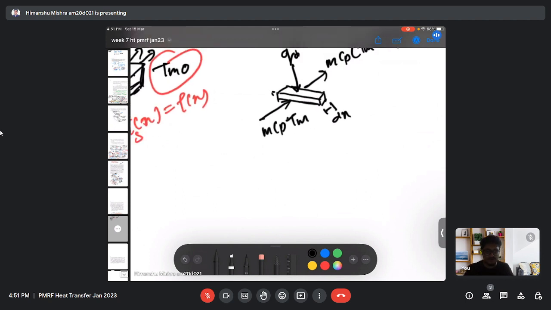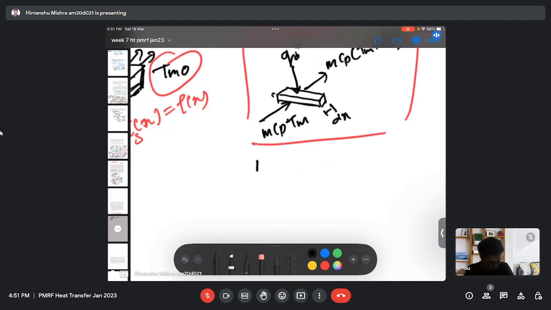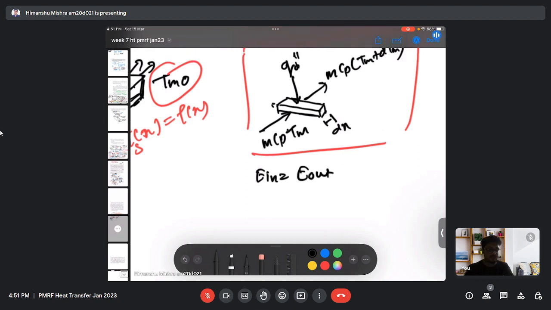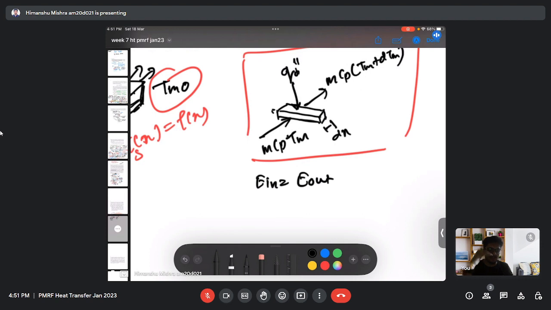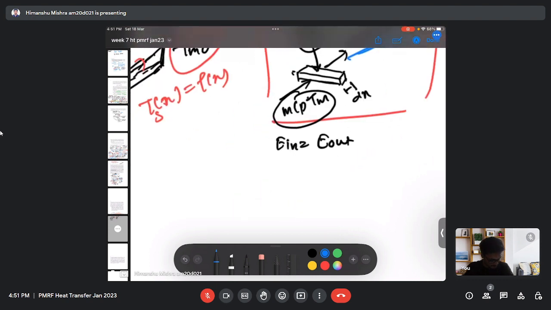So the simpler energy balance which is valid for the above diagram is energy in equals energy out. There are two ways where the energy is incoming, one due to the heat transfer m cp Tm, and one due to the heat flux. And there is only one way from which there is an outgoing or exit of energy, which is due to m cp (Tm plus dTm).